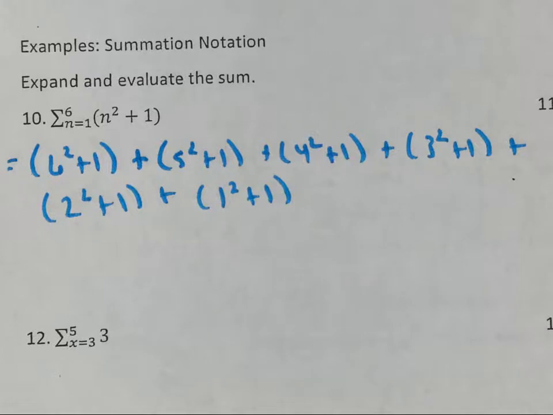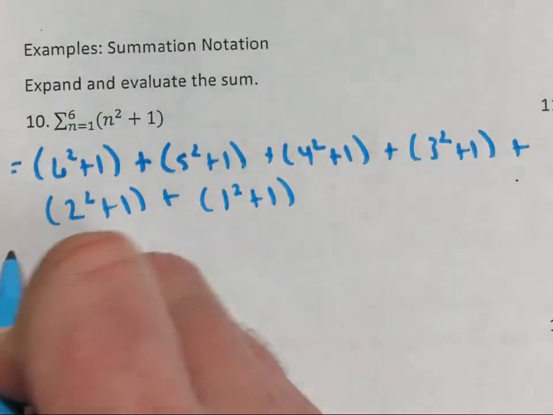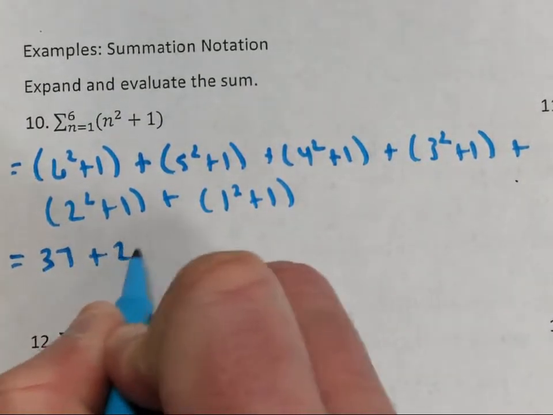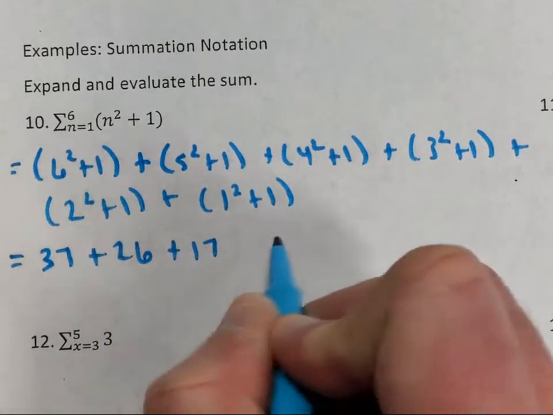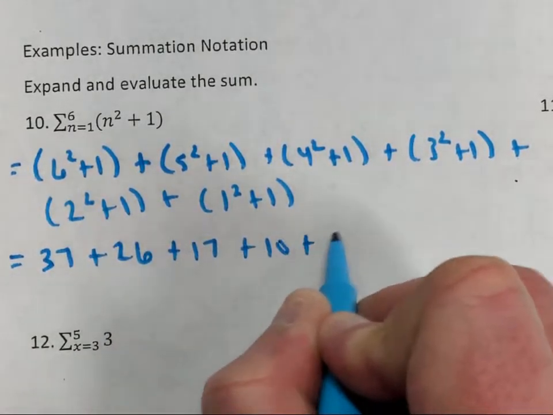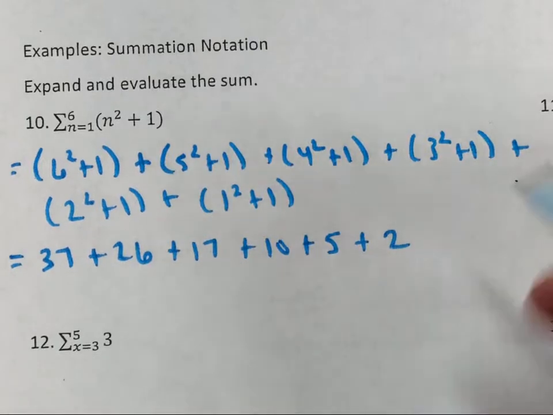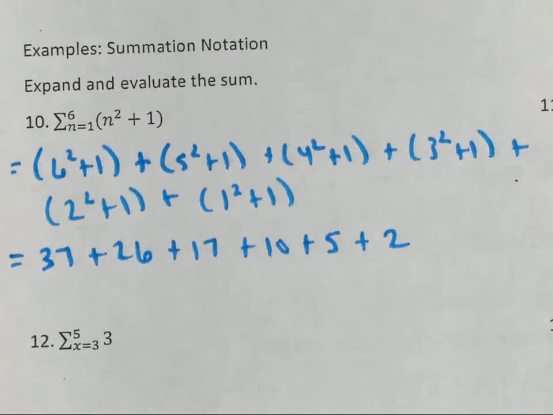The reason it's called summation notation is because you see it's adding it all together, the sum of all of that, okay? So what's 6 squared? 36 plus 1 is 37, so I'm going to add 37 plus 26 plus 17 plus 10 plus 5 plus 2. And that's my answer.